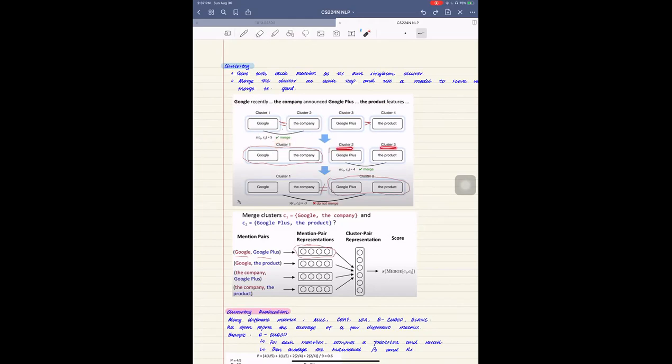We still have another 2 clusters. So the next step could be, let's look at those 2 and see if we merge them, what's the cluster score? Turns out it's a 4, which is greater than 3. So yeah, let's merge those 2 as well. So we now have 2 clusters with 2 different spans in each cluster right here.